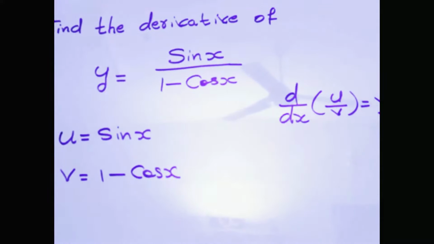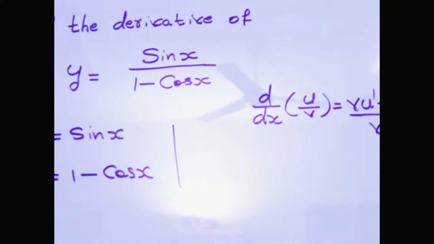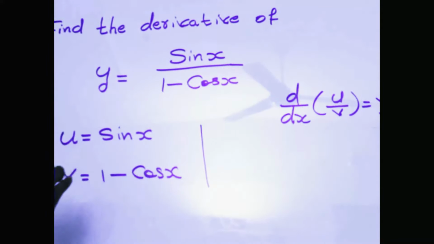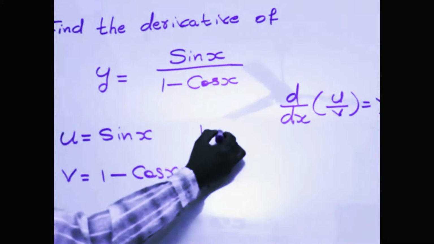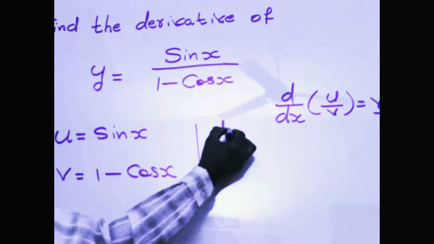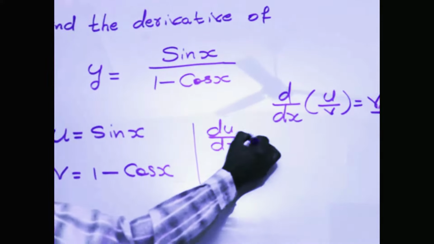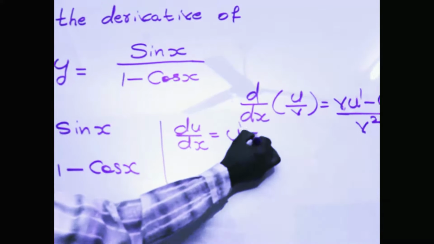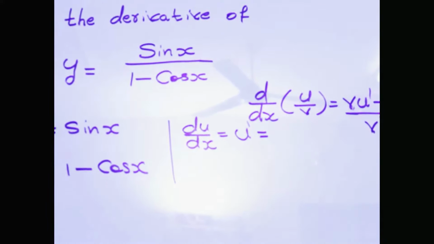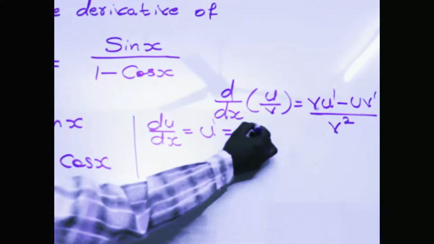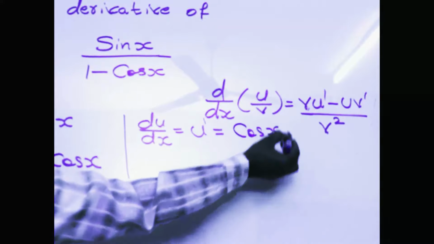Here we use separate rules to differentiate each term. u dash is du by dx, the differential of sine, which is cosine x.